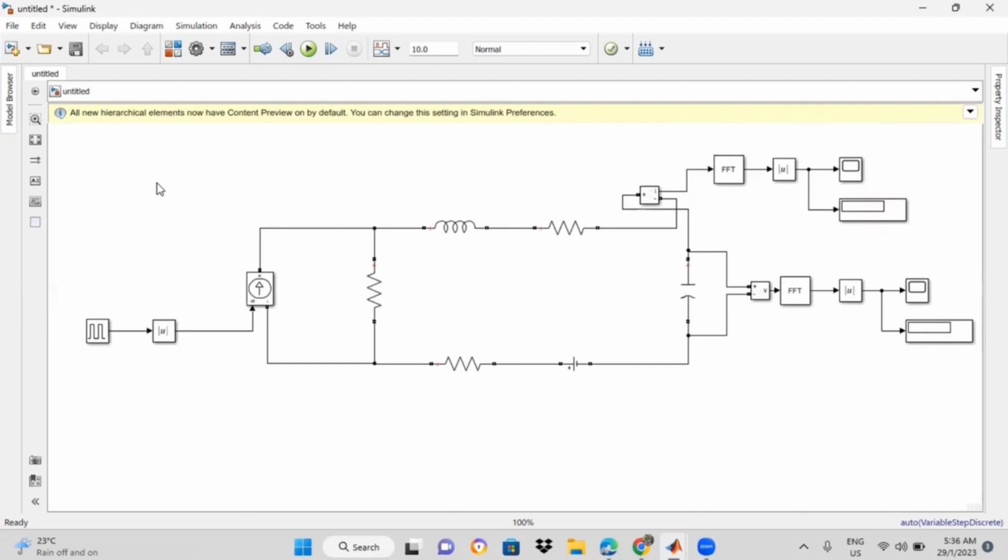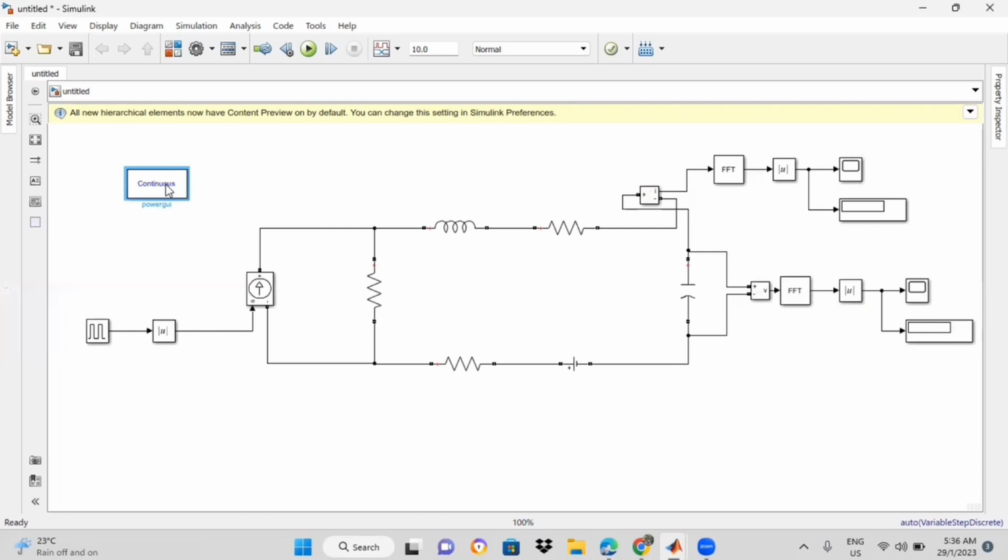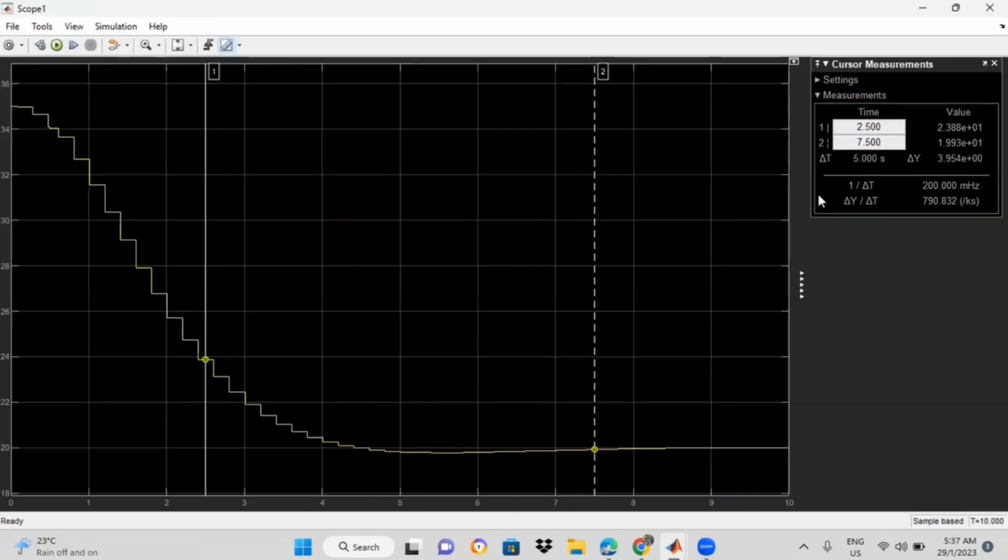As all the components are arranged and connected successfully, we need to put the powergui to activate this simulation. And then we can run the simulation. Okay, the value shown in the display is the value of the voltage across the capacitor and also the current.